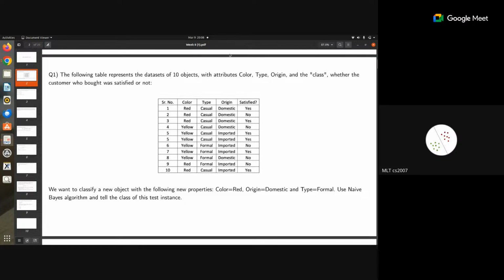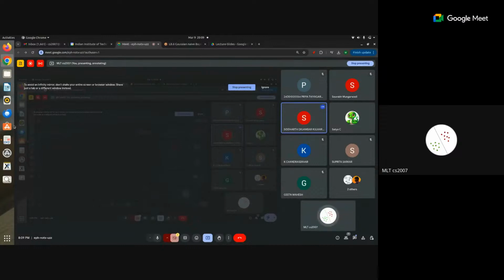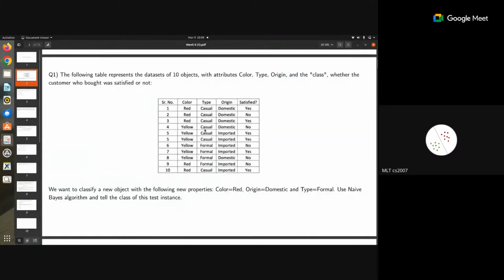Is it a binary feature or is it something else? Binary, right? So it has only two choices: one is red and another is yellow. Similarly, type is also a binary feature, and origin is also a binary feature. Each of them is a binary feature.